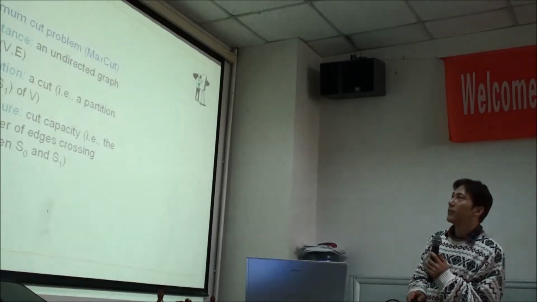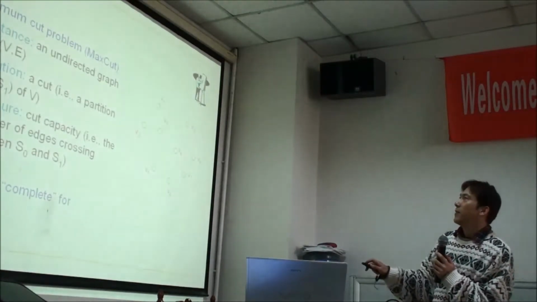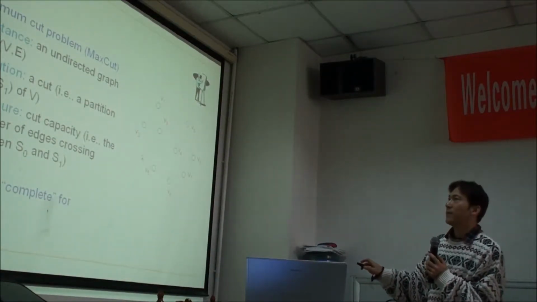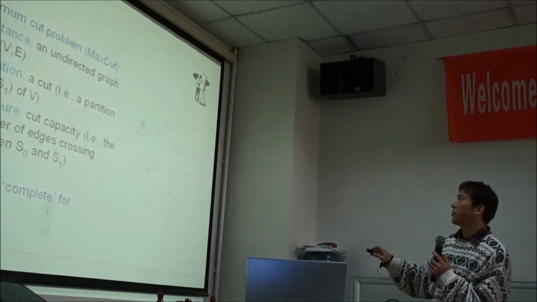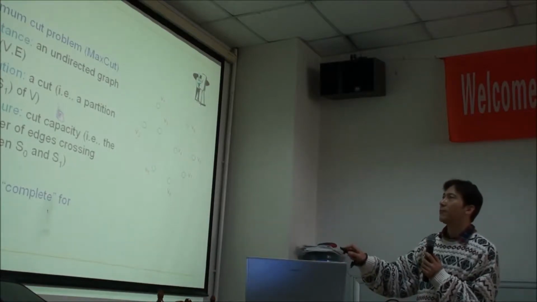Another typical example is the maximum cut problem. Suppose that we are given an undirected graph, and we are partitioning this graph into two sets. That is called a cut.